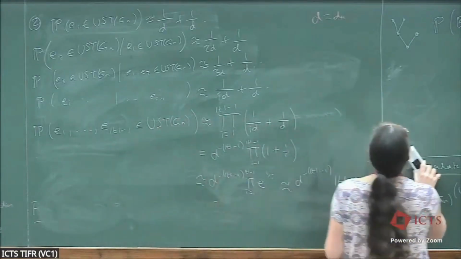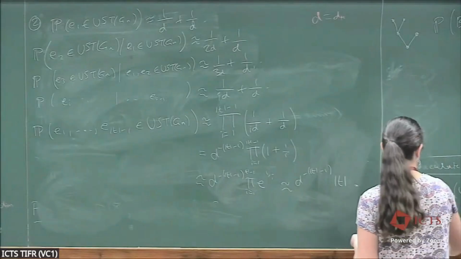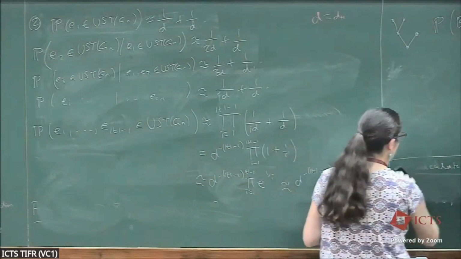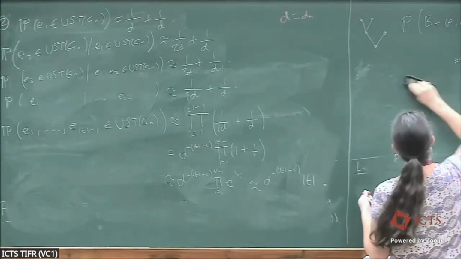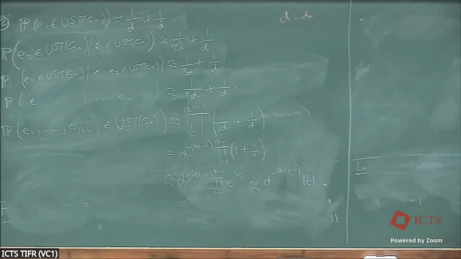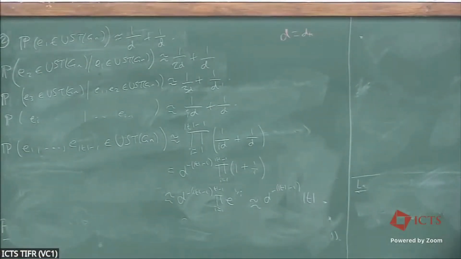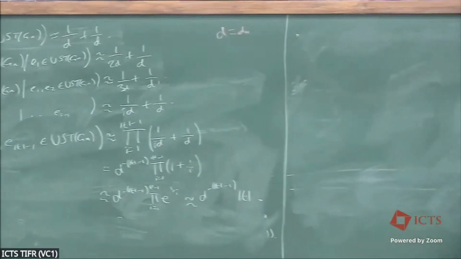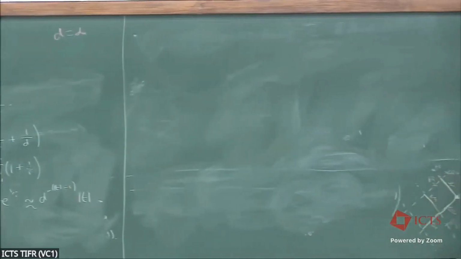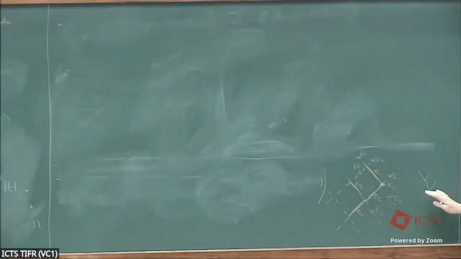Let's do the second term. Now we want to look at the probability that all of these edges F are not present.